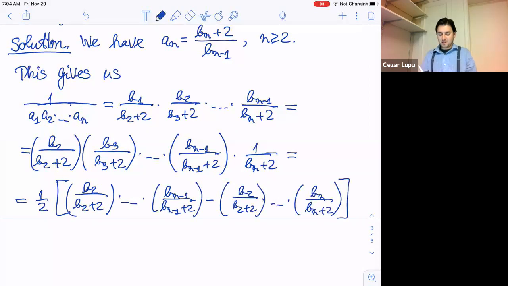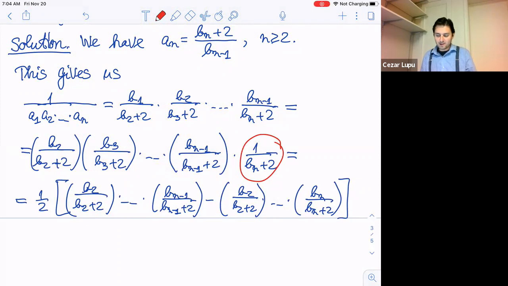You see? That was the crucial observation, that this term will give me that these are telescoping. All right, that's beautiful.